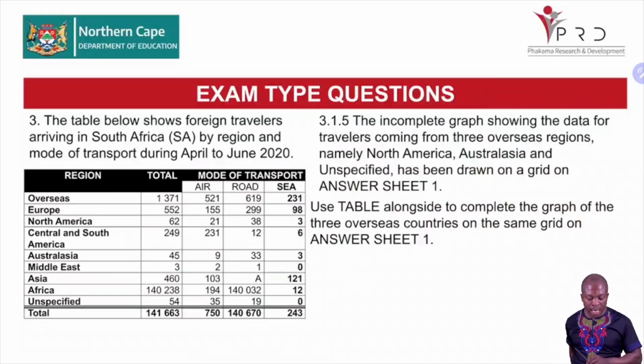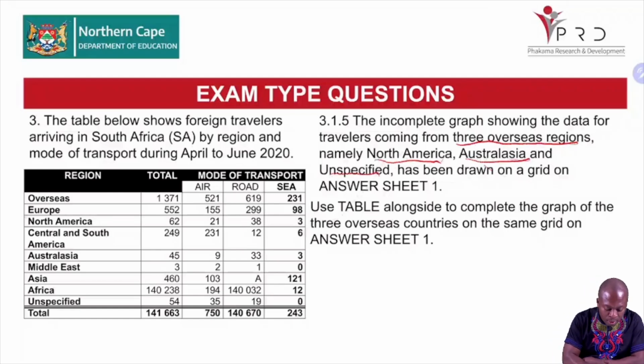All right, then we are going to 3.1.5. I have another question here. The incomplete graph showing the data for travelers coming from 3 overseas regions, namely North America, Australia, and unspecified. Where are the places? North America, Australasia, and then where's the other one?